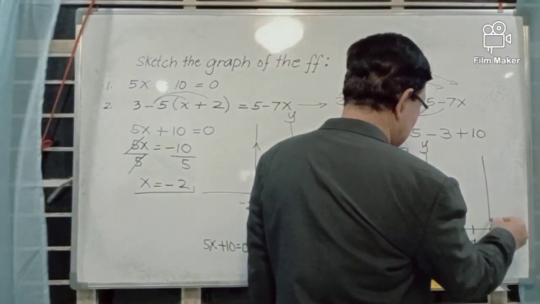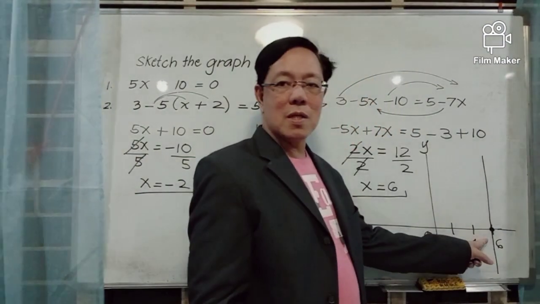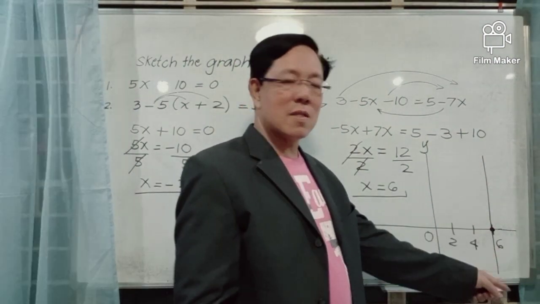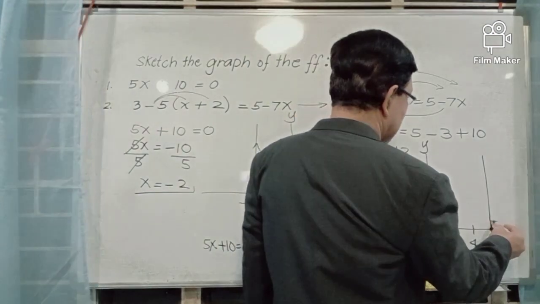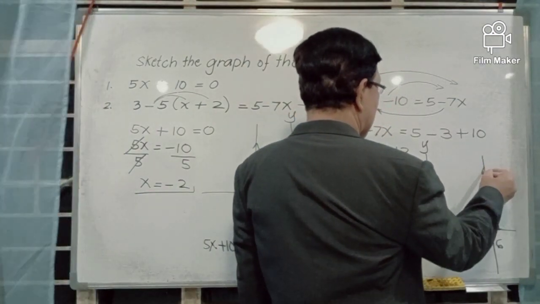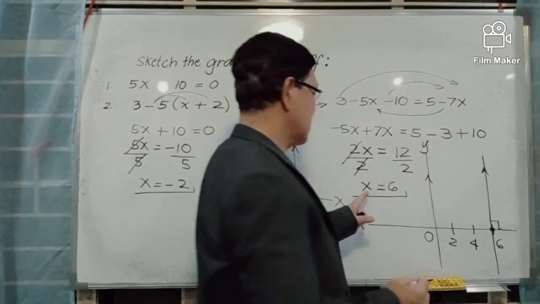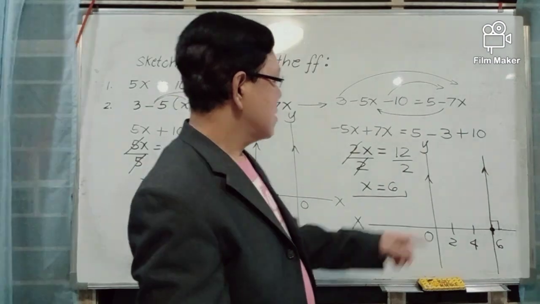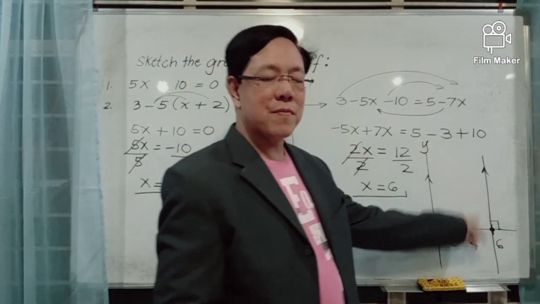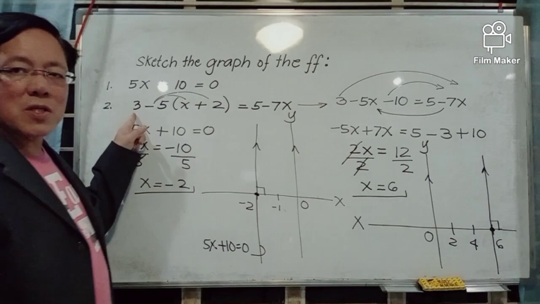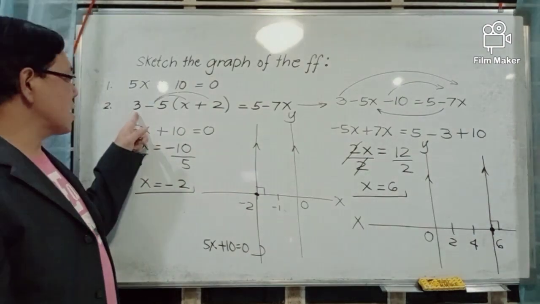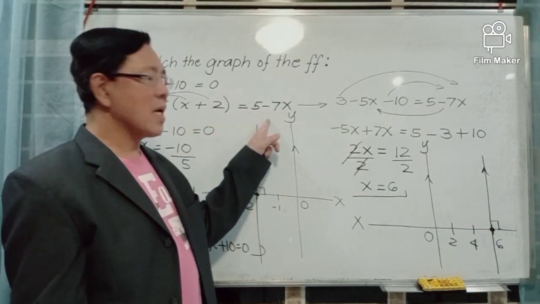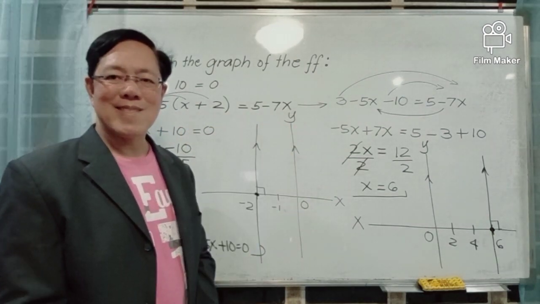Construct a vertical line passing through this point in the x-axis. The vertical line is perpendicular with the x-axis and parallel with the y-axis. This is the graph of the linear equation given in number 2. 3 minus 5 times quantity x plus 2 equals 5 minus 7x.